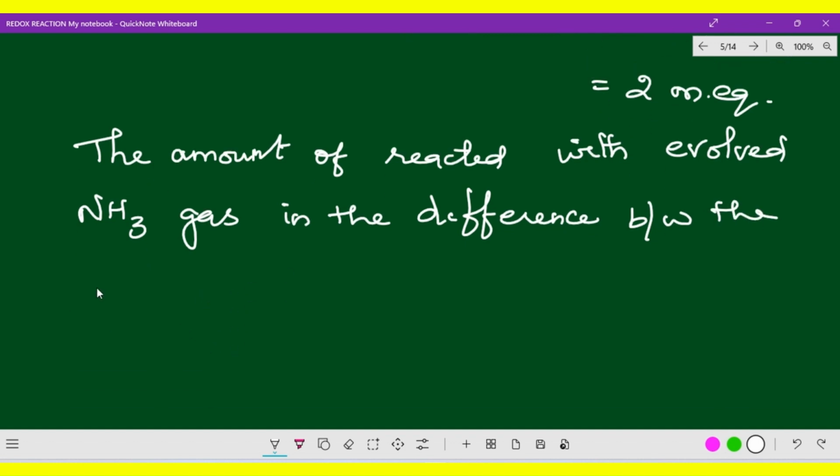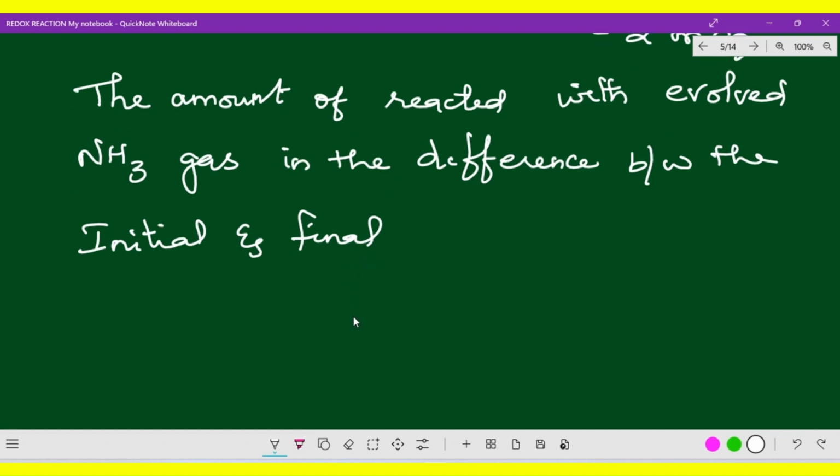That is what I mentioned at the start. Initial is 18 milli equivalent, and final is 2 milli equivalent. So we can identify the milli equivalent of ammonia.